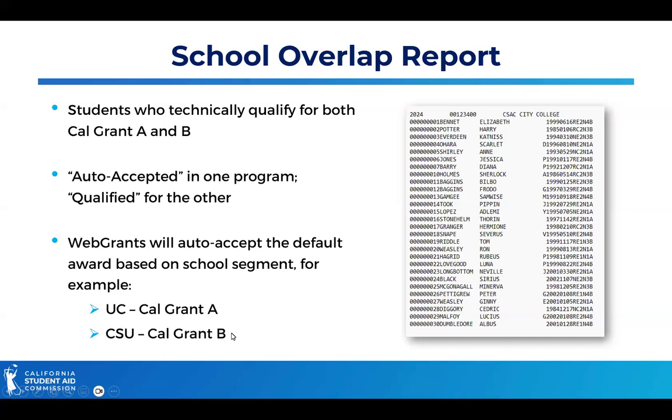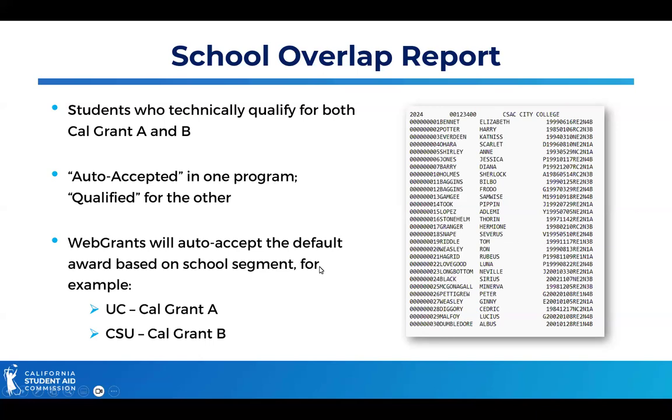So a freshman with a Cal Grant B is only going to receive the access portion of the award, $1,648. But the tuition and fees portion plus access will be paid out in years 2, 3, and 4, or as sophomores, juniors, and seniors.